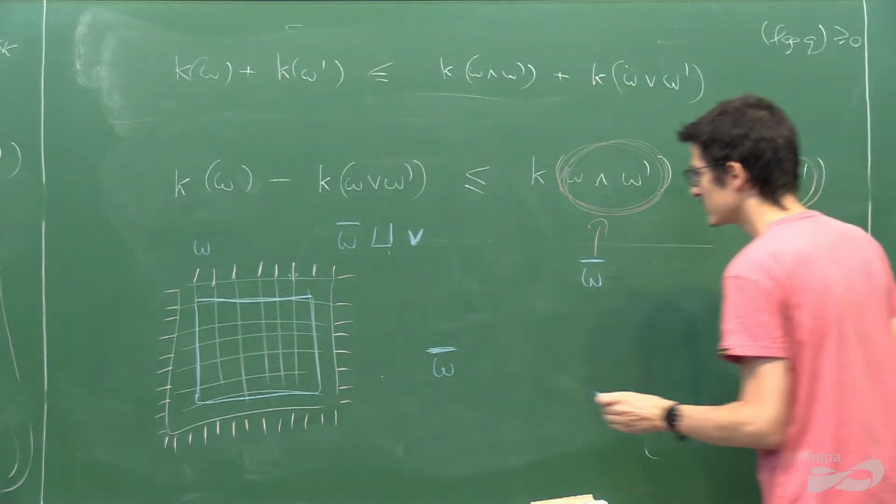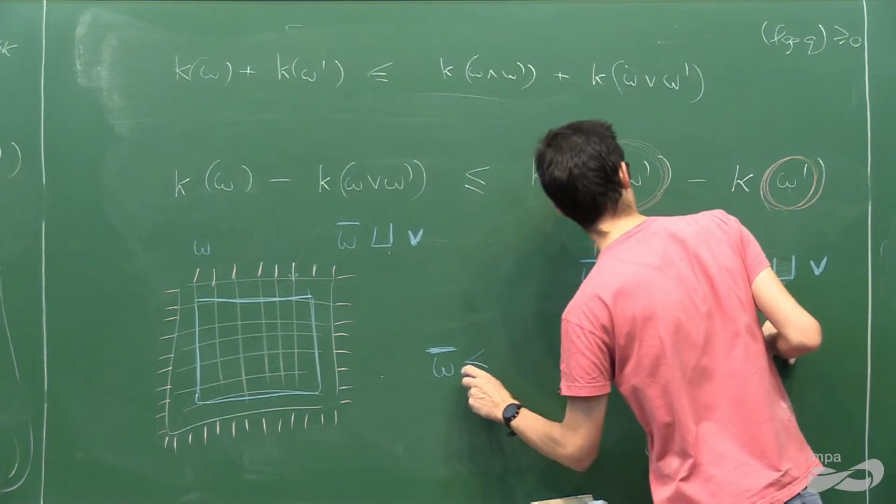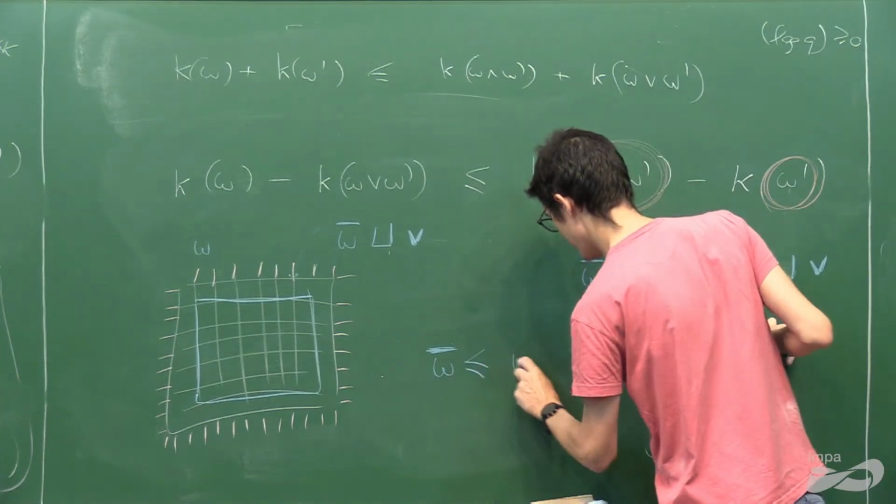So what's important here is that omega bar is smaller than omega.